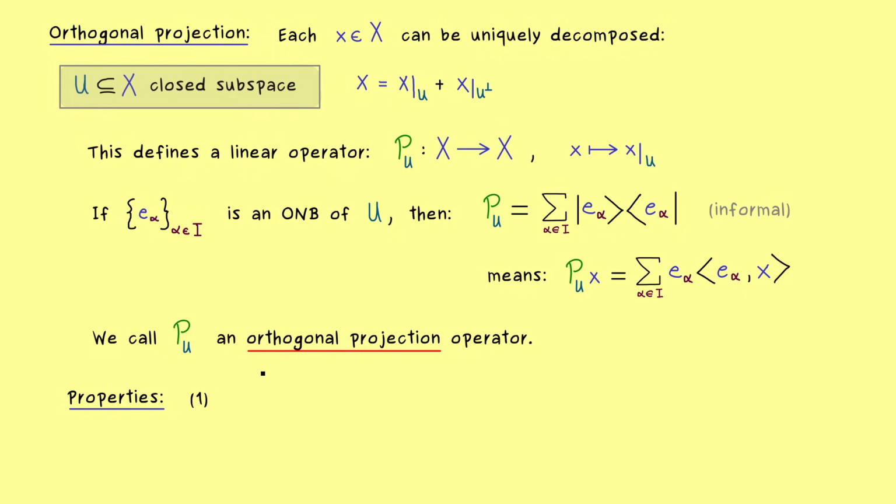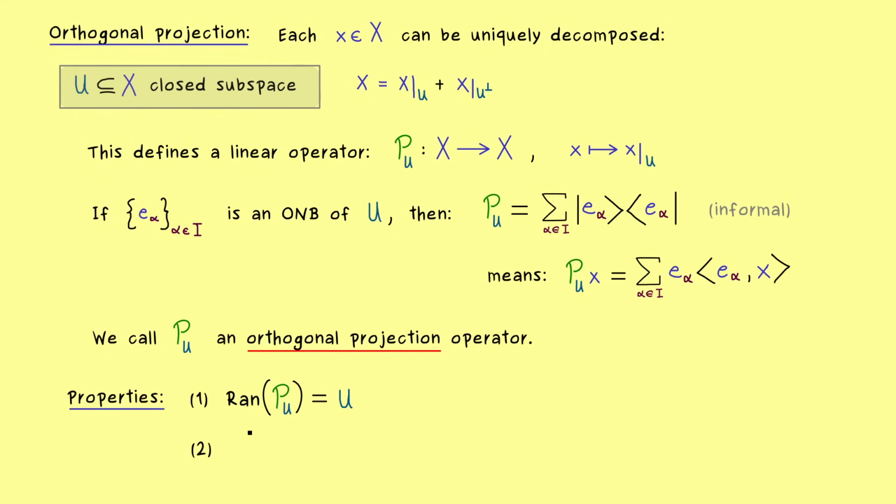First of all, since we project our vector X onto a subspace U, we already know the range of our P_U. So these are all the elements we can hit with our linear map, and obviously this is the whole subspace U. Clearly it cannot be bigger than U because we project onto U, and we hit all the elements in U because we can just take any U as an input as well.